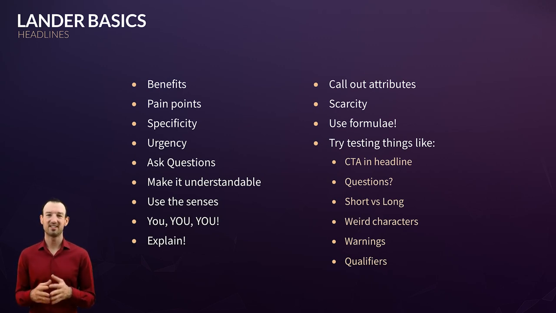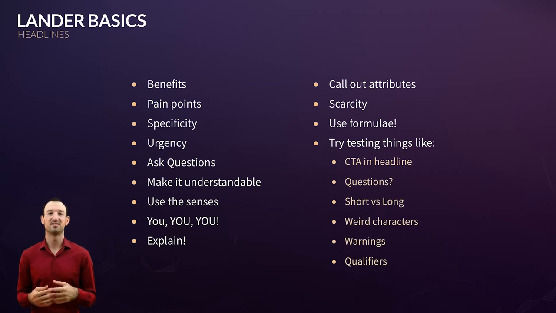Scarcity. It's a common tactic to tell people that there is a certain limit to the number of things they could get, or the number of people who could get that thing or that benefit or that reward, and that inherently makes them want it more. Use formulae. You can use the headline templates that we've provided you and leverage those for your testing and for creating different headlines.